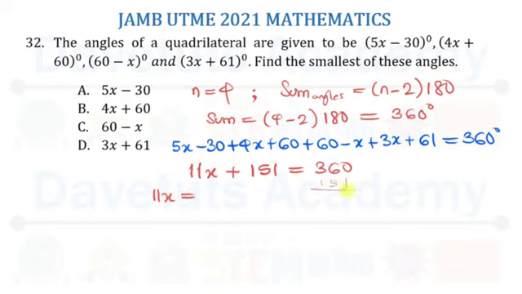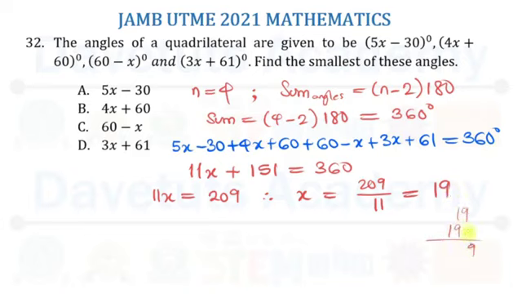I'll put 151 here, that will be 209, okay, 209, and x itself will be 209 over 11, that would be 19, okay, because 19 times 11 is 209. So I was just using my eyes to try and get that.